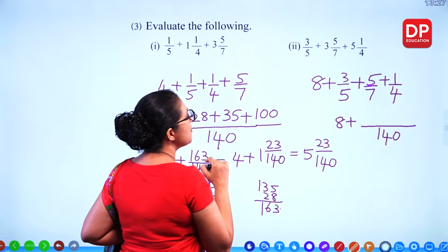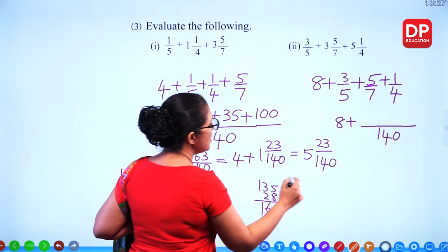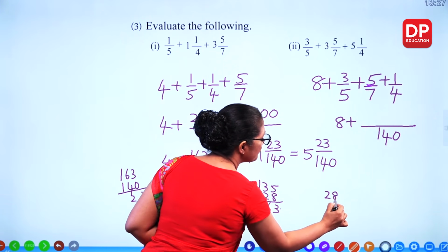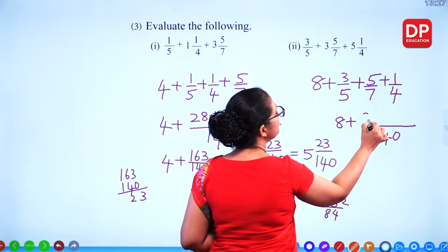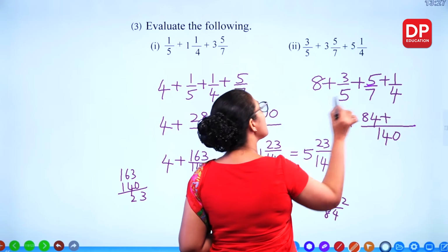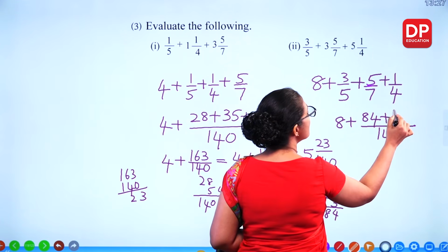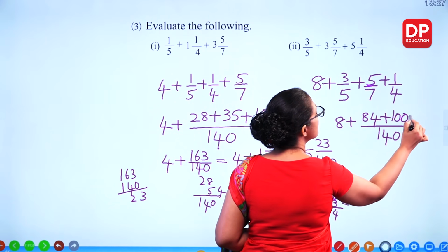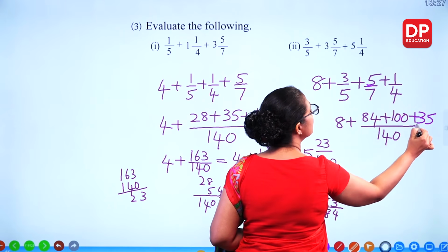So you have to multiply the first one by 28. 28 times 3. Multiply by 20. 20 times 5, that's 100. And multiply by 35, you get 35 here.